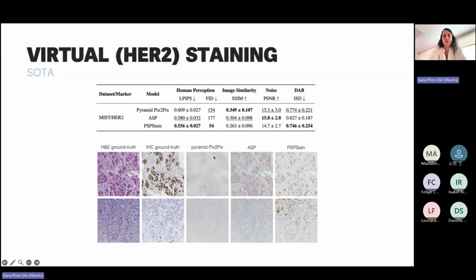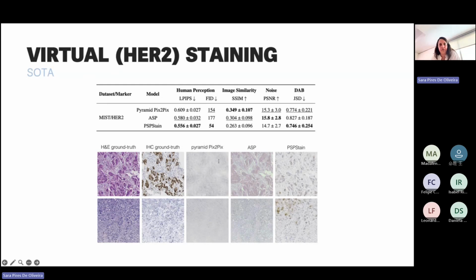From the results, what we can see from the table is that the pyramid pix2pix and the ASP have the highest SSIM and PSNR. But then if you look at the images, I hope at home you can see it a bit better, they don't perform that well, right? Even though they have these metrics a bit higher, in reality, the images don't look that good.